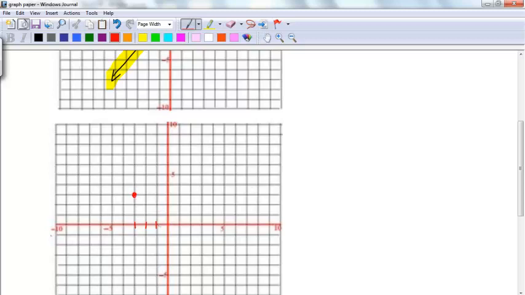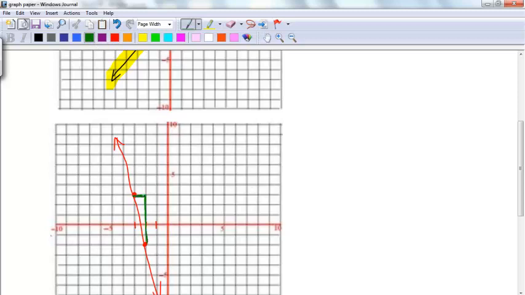Negative 3, positive 3. And then let's do a point at negative 2 and negative 2. Okay? So it would look like that. And then if you connect those, okay, this one should have a negative slope.